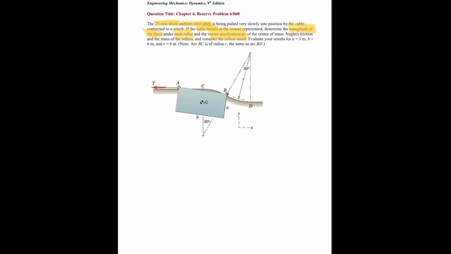Neglect friction and the mass of the rollers and consider the rollers small. Evaluate your results for A is equal to 3 meters, B is 6 meters, and R is 6 meters. Note that arc BC is of radius R, the same as arc BD.